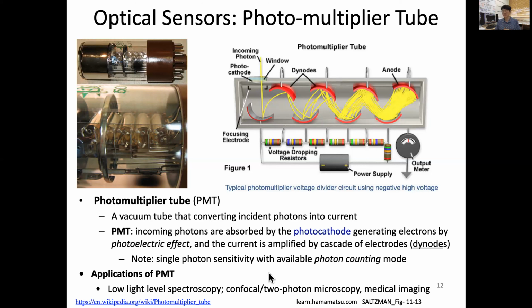So confocal microscope, two-photon microscope, and even in medical imaging and basic science, in astronomy, to detect photons or gamma rays, in the medical field, radiation. These we can also use for medical imaging with these PMTs.